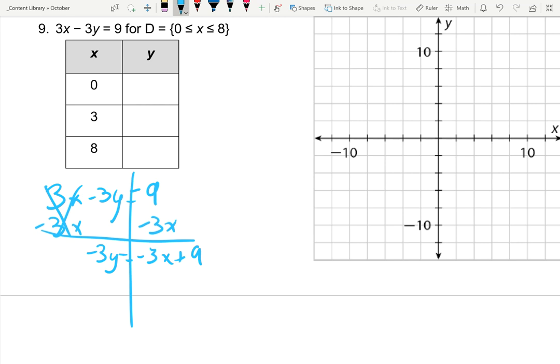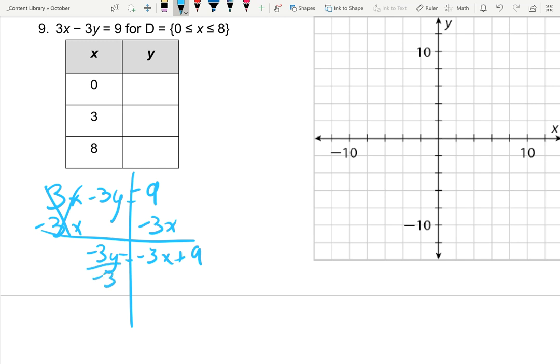All right, so now I'm going to get rid of this negative 3. It's very tempting to add 3 here, because you see the minus sign, you think, okay, the opposite of minus 3 is adding 3. You're not wrong, but you are reading it wrong. That negative 3 is being multiplied to y. So it's attached to that term. So in order to get rid of it, because it's attached to that term, not being subtracted or added to it, it's actually a part of it, you have to divide.